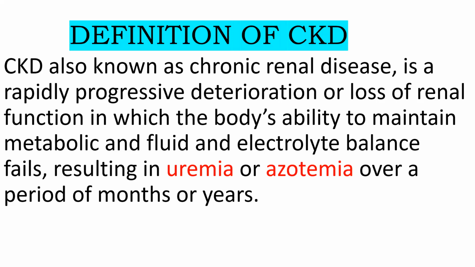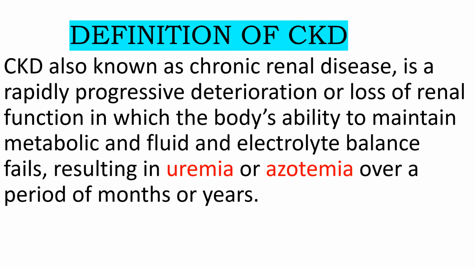So the kidney damage will occur very gradually, as well as get worse. Then the renal functions will also get damaged. There will be a problem in the functioning, and the ability to maintain the metabolic, fluid and electrolyte balance will also fail.